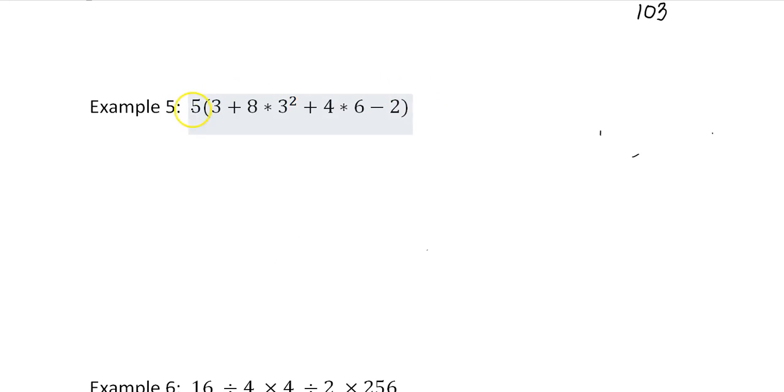All right, so here I have my 5 multiplying everything inside these parentheses. I don't have any inner parentheses. I don't have anything else inside there. So I can go ahead and deal with my exponent. So I'm going to have 5 times 3 plus 8 times 9 plus 4 times 6 minus 2. And that's actually, maybe I should back that up a step.